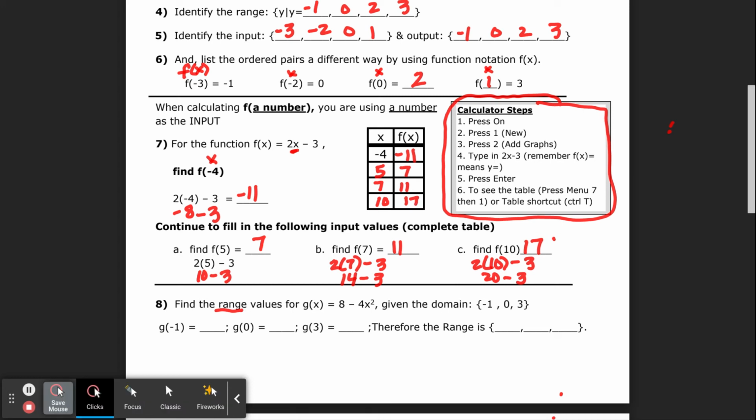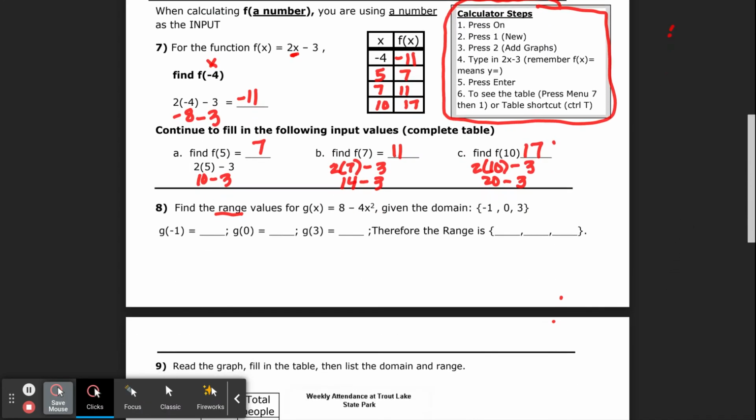So what we need to do is give us a little bit more room here. We're going to take this expression right here, and in place of x, that's where we're going to put the -1, the 0, and the 3.